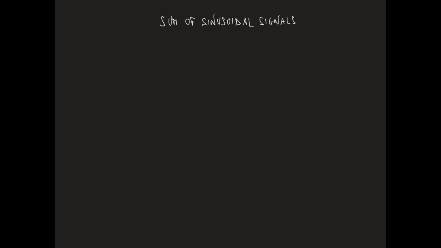One other feature that makes phasors so useful in the analysis of AC circuits becomes apparent when we need to sum sinusoidal signals with the same angular frequency. For the purpose of providing an example, consider two sinusoidal signals with the same angular frequency.